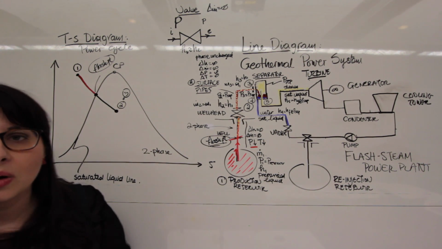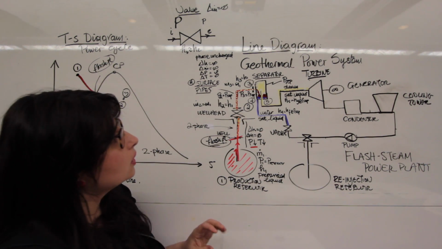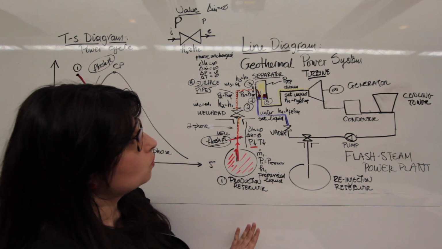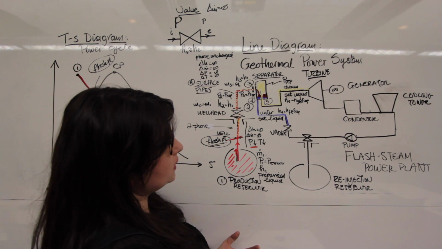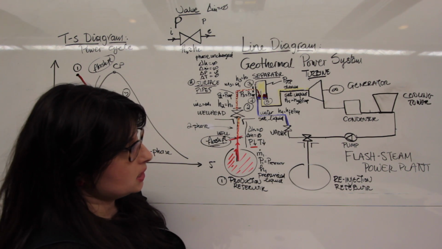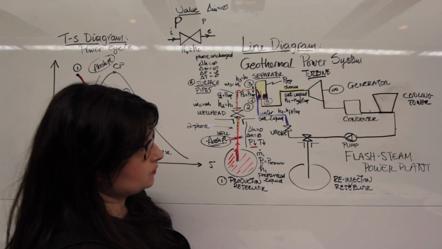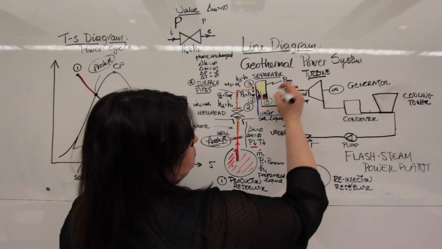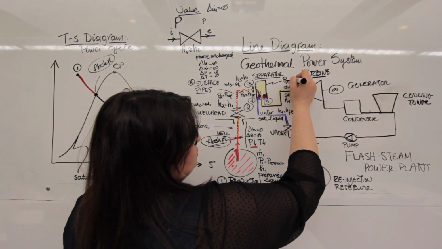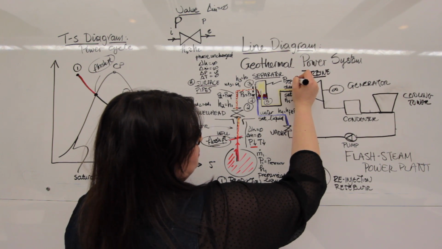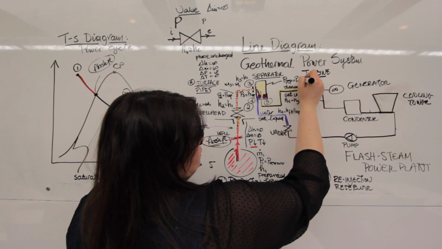So I know the phase, I know the enthalpy, I know the pressure, because P5 will be equal to P separator, will be equal to P4.